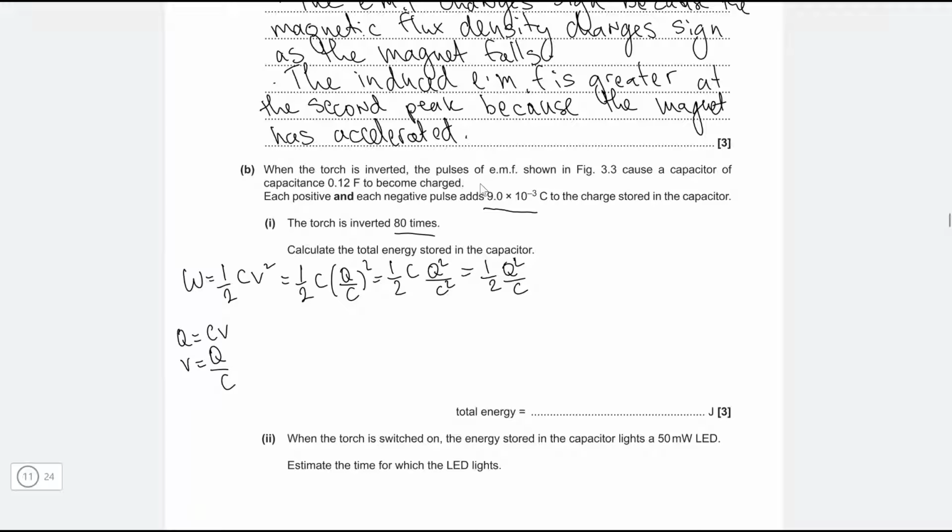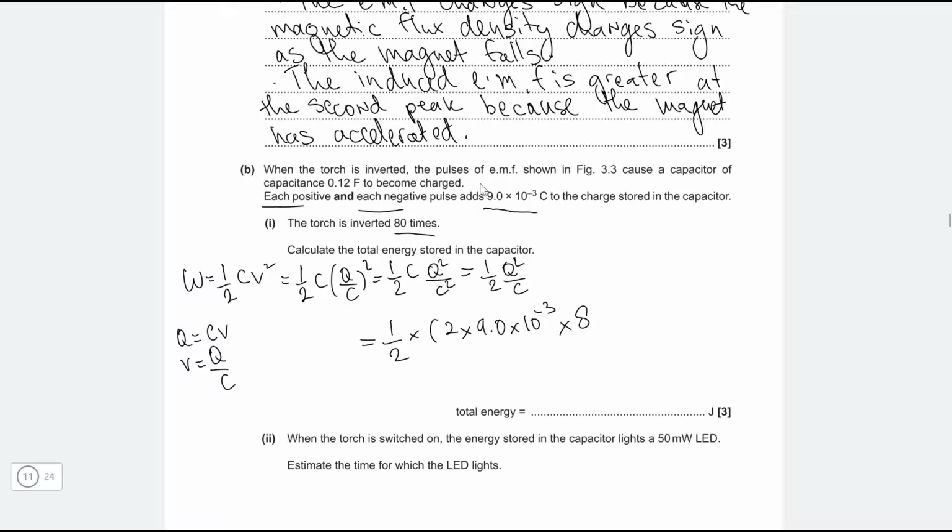Okay, now the charge in this case is going to be 2, because each positive and each negative pulse will add that amount. So 2 times 9.0 times 10 to the power of minus 3.